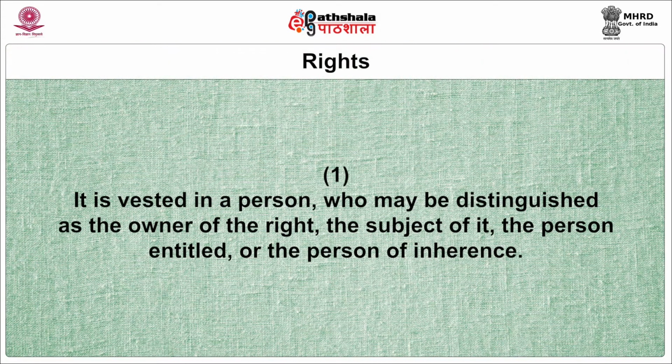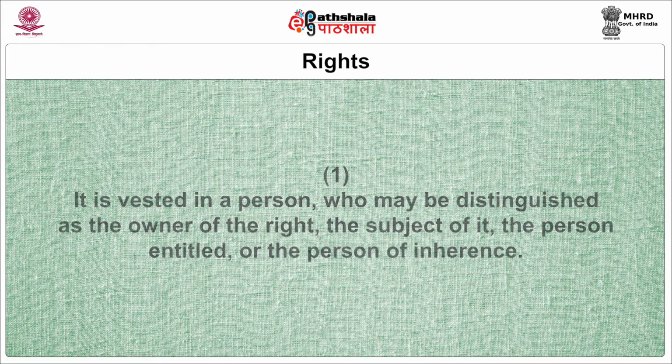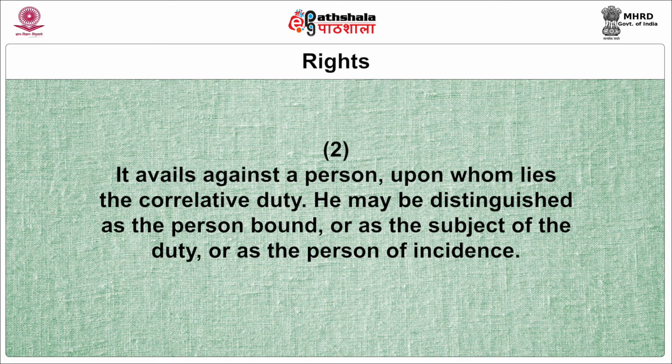According to Salmond, every legal right has the following 5 characteristics. 1. It is vested in a person who may be distinguished as the owner of the right, the subject of it, the person entitled, or the person of inherence. 2. It avails against a person upon whom lies the correlative duty.